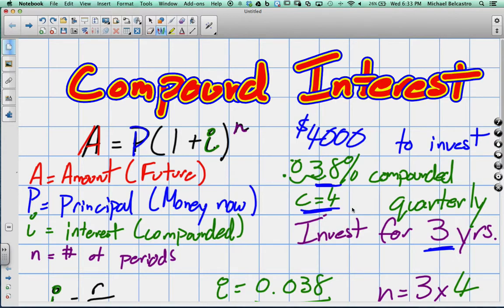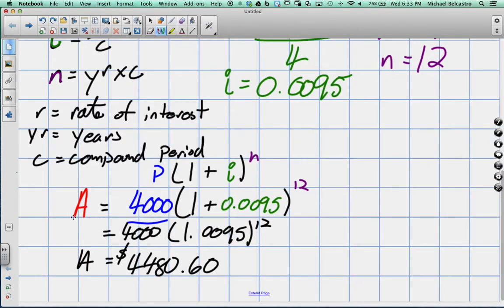It compounds quarterly. 3 years from now, I want to have, I don't know, $10,000. In other words, I'm giving a value for A. So this will be our part 2, Example 2. I want to have $10,000. So that's going to be our A value. How much do I need to invest now?